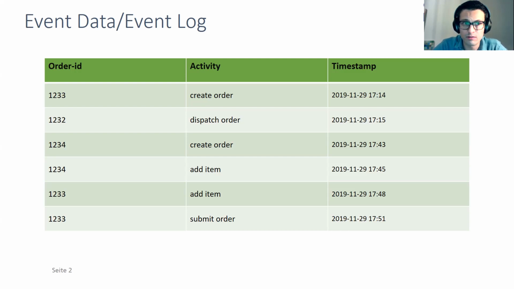So for example, here in this example table, we see for some order with ID 1233 that the create order activity has been performed on the 29th of November 2019 at 5:14 in European time formatting.